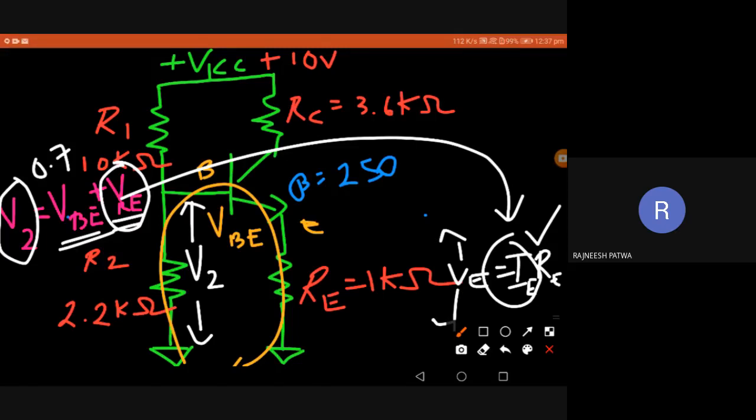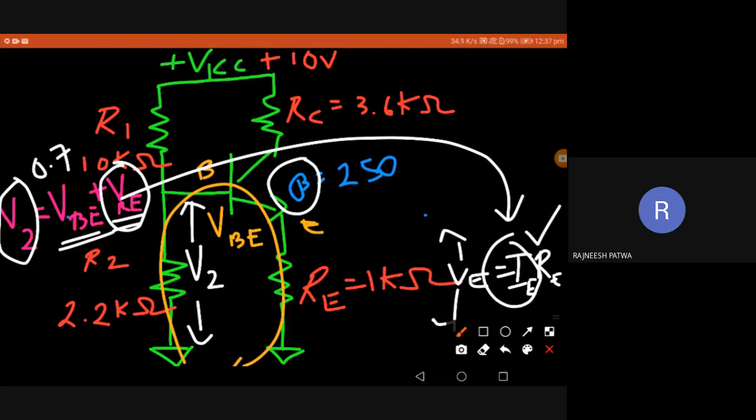So when you know IE, and you already know beta, we can calculate IC. You know IC and IE have a relationship, that is alpha: IC equals alpha times IE. That means IE is equal to IC by alpha, where alpha is beta divided by beta plus 1.